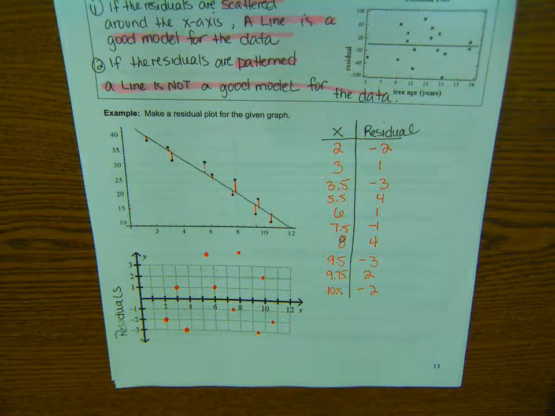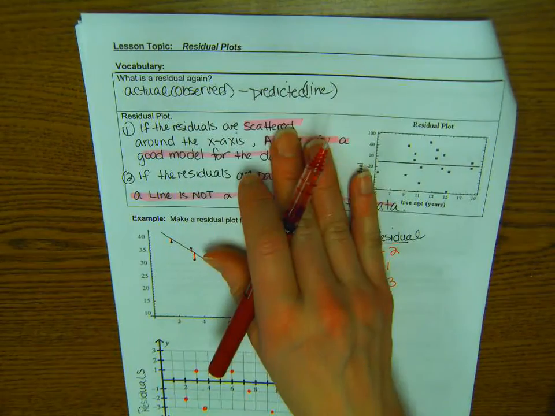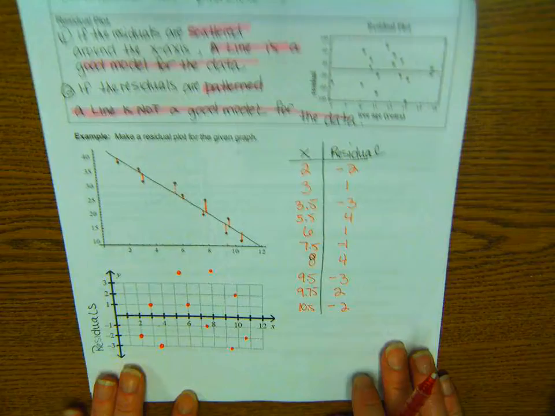Alright, now you might have even noticed as you were plotting, what was happening as you were plotting the points? We were going above and then below. Very random, right? So using what I taught you up here, if the residuals are scattered, what does that tell me? A line is a good model for the data.